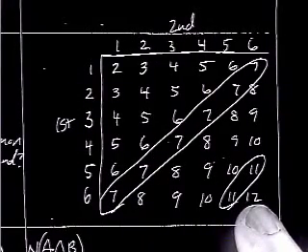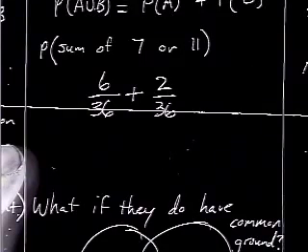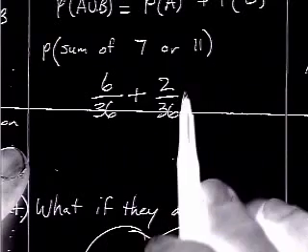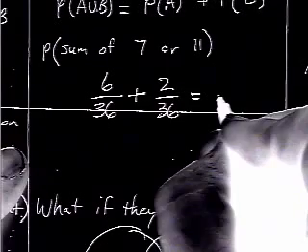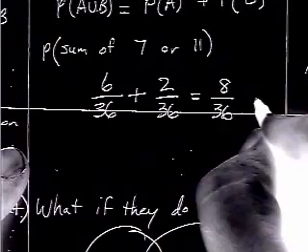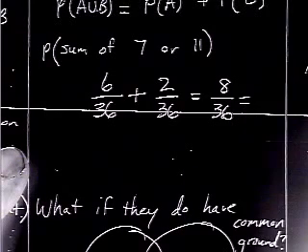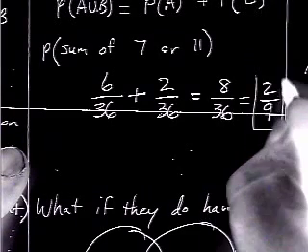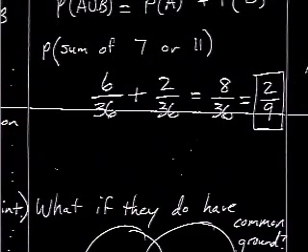They are mutually exclusive. They do not have anything in common. So back over here on this screen, we took a probability sum of 7, 6 out of 36. 11 is 2 out of 36, so that is 8 out of 36. Or we can reduce that, right? 4 goes into the top, and 4 goes into the bottom. So it's a probability of 2/9 that would occur.